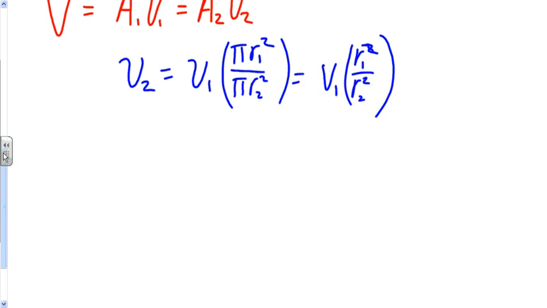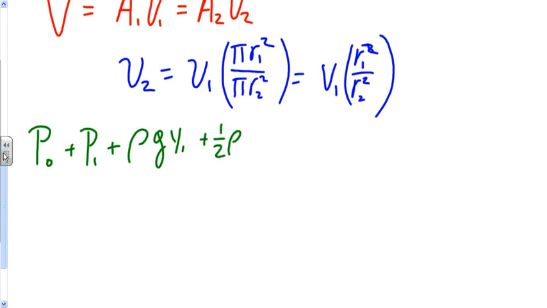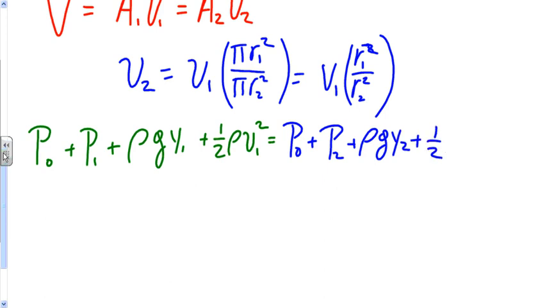So the full Bernoulli's equation is atmospheric pressure plus pressure inside the larger pipe plus rho g y1, there's our potential term, plus 1/2 rho V1 squared, there's our kinetic term, equals atmospheric pressure plus pressure inside pipe 2 plus our potential term, rho g y2, plus our kinetic term, 1/2 rho V2 squared.